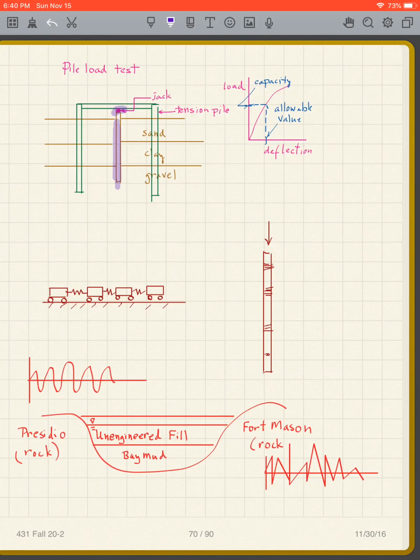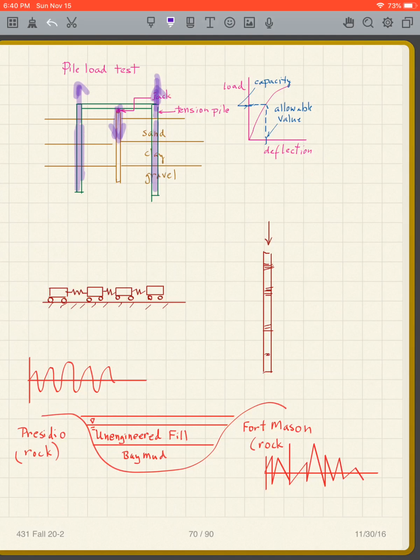That jack is going to push that pile down, but it's going to pull these points up. So that point goes down, these points go up. If these points are going up, then this pile is in tension, and this pile is in tension.